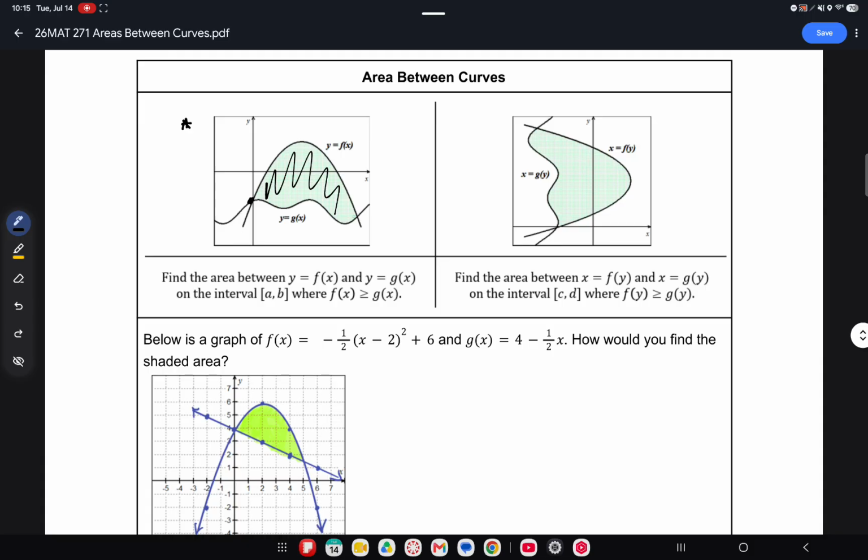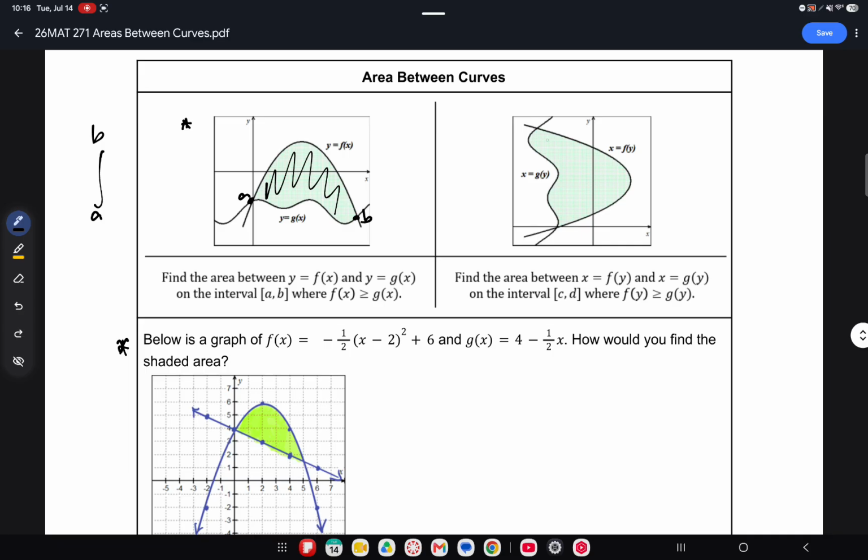We can find these intersection points to make our bounds. I'll just call this A to B, A to B. And then we'll do a little bit of discovery here, so I don't want to spoil it just yet. But we would use x values.